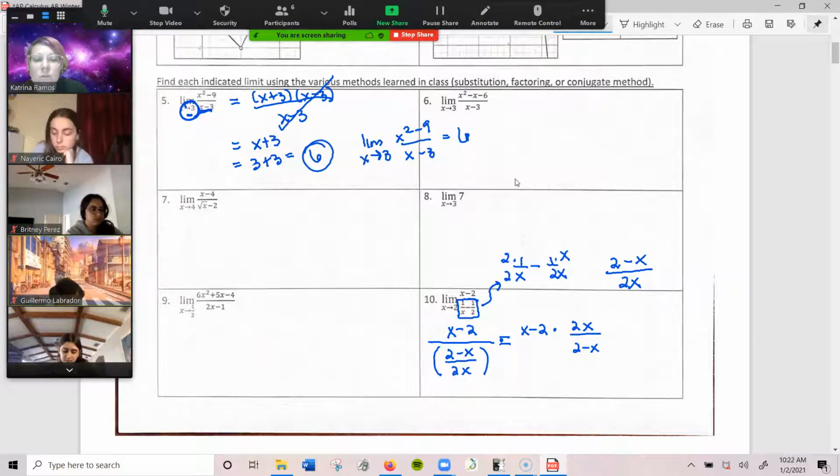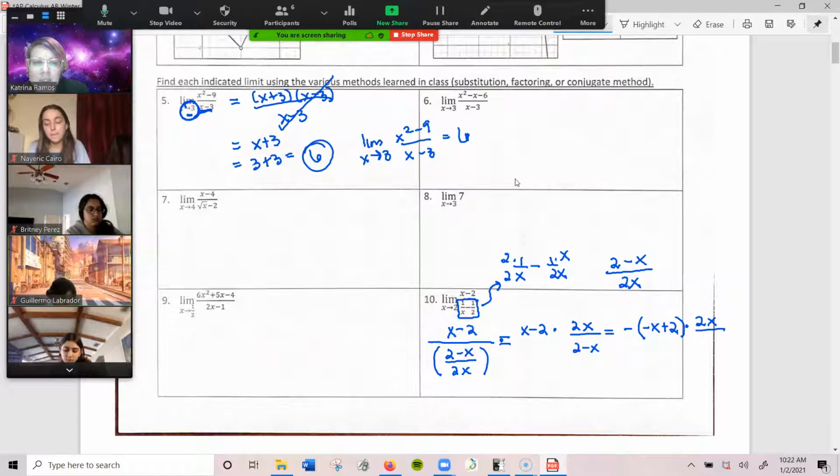X minus 2 and 2 minus x are almost identical. The only thing that's different here is that the signs are all changed. In x minus 2, the x is positive and the 2 is negative, and it's the opposite for 2 minus x, where the 2 is positive and the x is negative. So what we can do is factor out a negative from either one, whichever one you want. Let's say I factor out a negative from x minus 2, then that would become negative x plus 2.